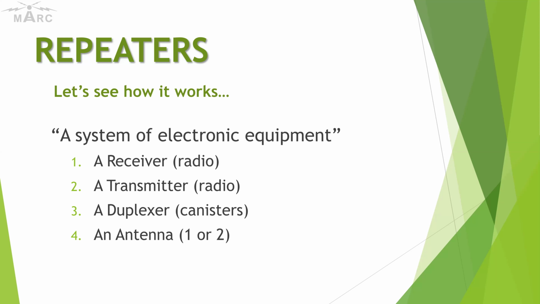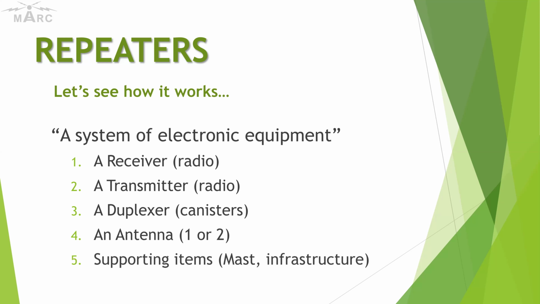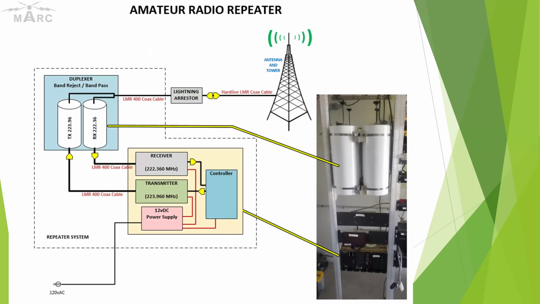That is black magic, but it works. And then you have supporting items: the antenna mast, the heliax, connectors, everything that supports the first four. So that is the system of electronic equipment, and some not so electronic, like the actual coax and the mast.